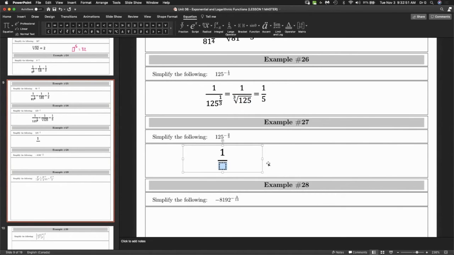So in this question here, there's 3 features. There's the negative. The negative means flip. And then there is the 2/3. So let's talk about this 125 to the 2/3 in a little more detail.